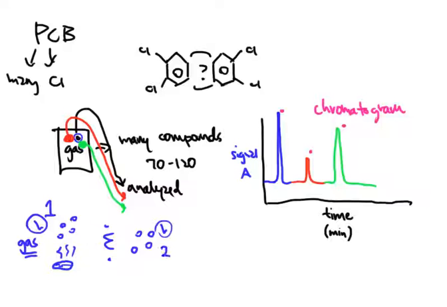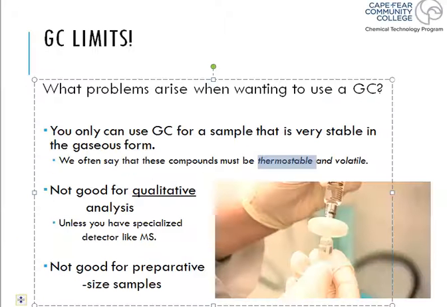And if it stays in a gas form and does not break down, then this is a perfect candidate for gas chromatography. The problem is that sometimes when these things are heated, they can break apart and we can get fractions of the molecule that was there at some point in time. And you don't want that to happen. You want the molecule to stay together. That way it can flow through the machine as that particular compound and be detected as that particular compound.